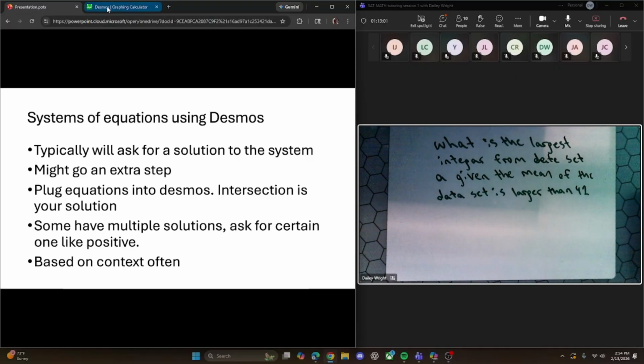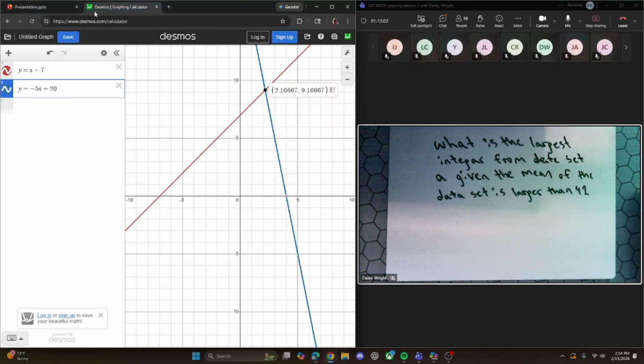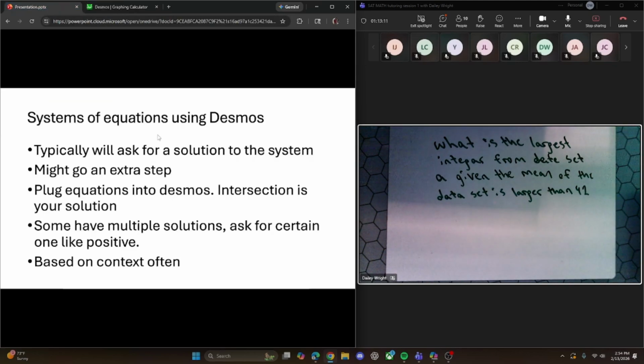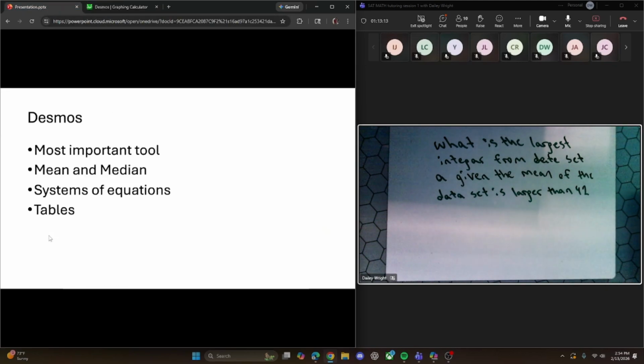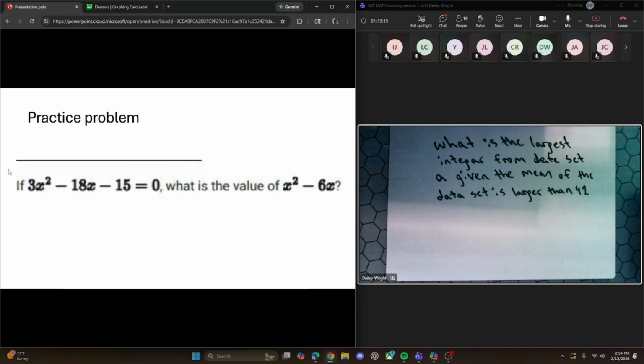And sometimes it might go an extra step. Like I said earlier, it might say a solution to the equation is xy, find x plus 5. Kind of like in this equation earlier. They gave you a solution to the equation, and they asked you to find a different expression based off of that solution.